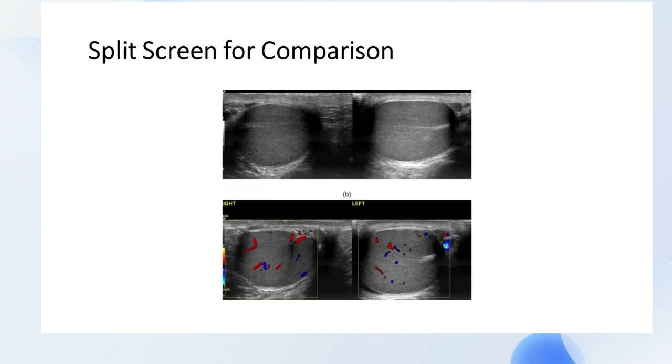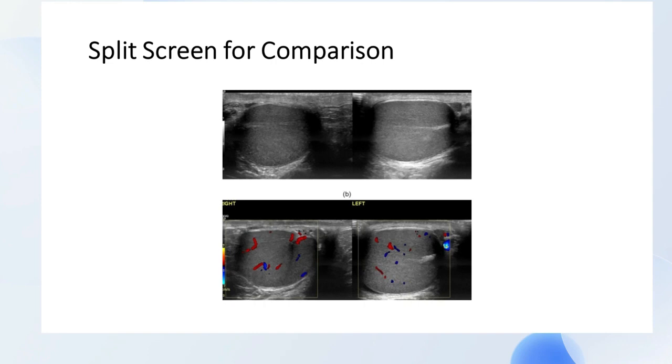As I highlighted before, it is very prudent that you see the two testicles side by side so that you can compare the echogenicities. Here you can see the brighter portion, that's the mediastinum of the testicle, again right and left, and then you can see the blood perfusion or blood flow here in the testicles.